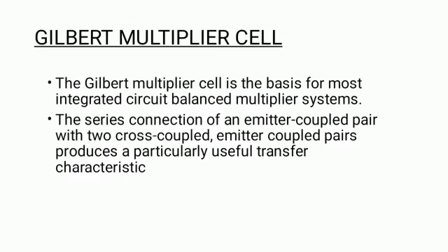Gilbert multiplier cell. The Gilbert multiplier cell is the basis for most integrated circuit balanced multiplier systems. The series connection of an emitter coupled pair with two cross coupled emitter coupled pairs produces a particularly useful transfer characteristic.